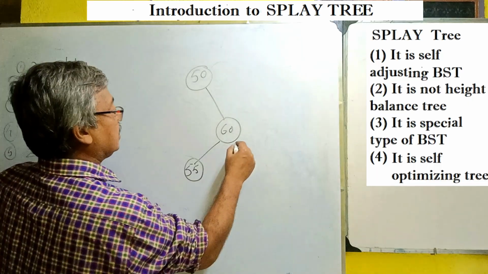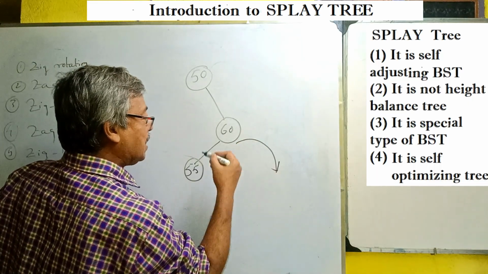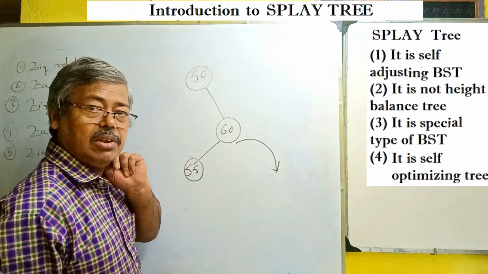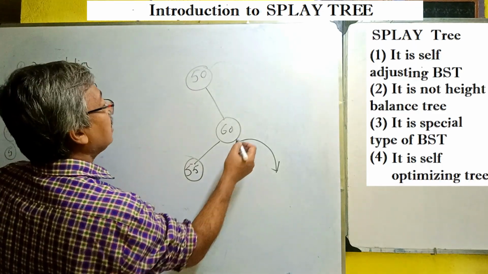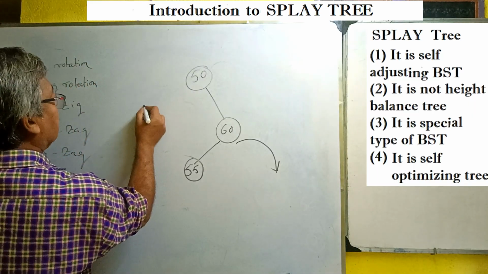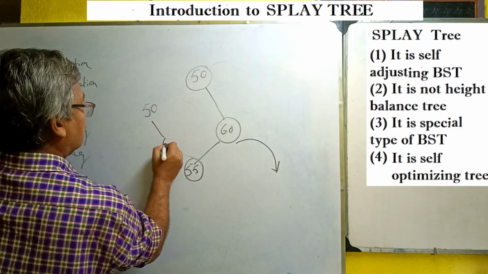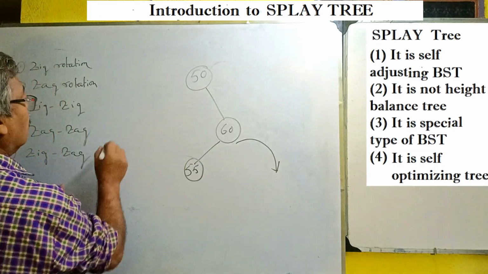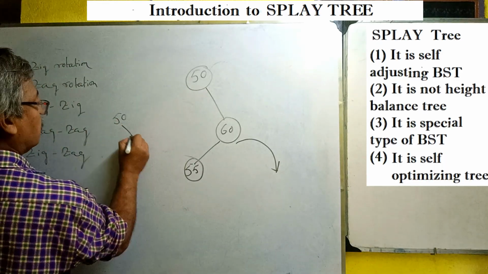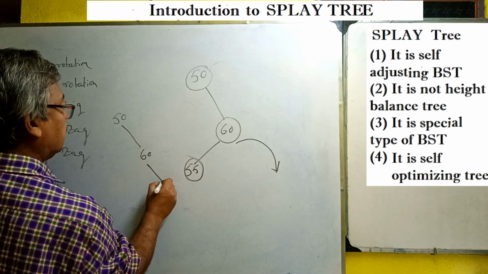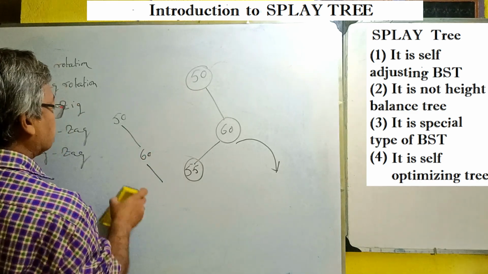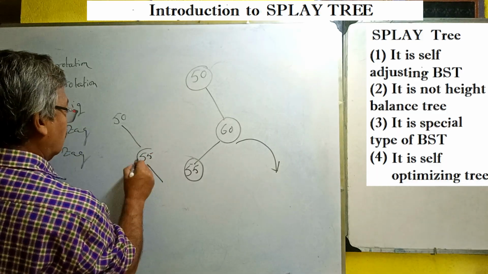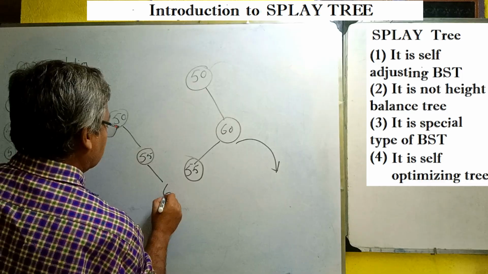First rotation is this type of rotation, that is a jig operation. After the jig operation, what is the result? The tree will be 50, 60, and then 60 will go downwards, 55 and 60.